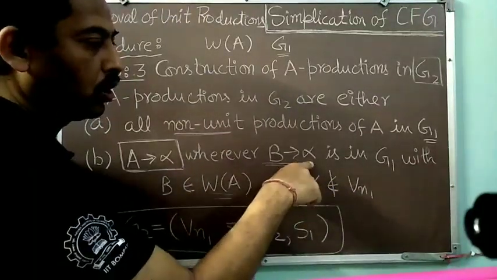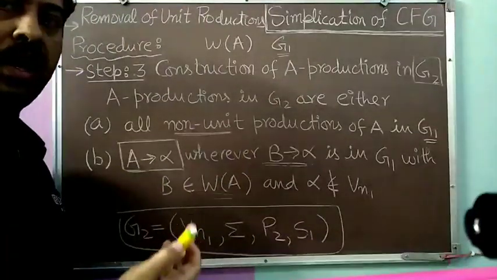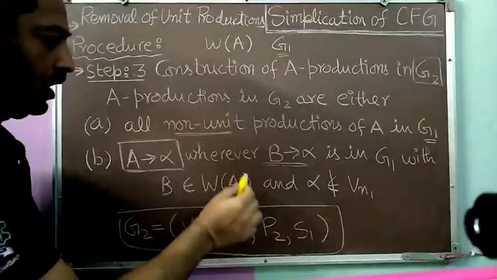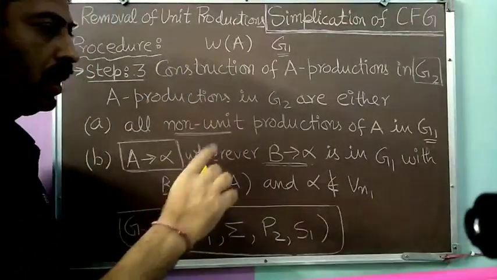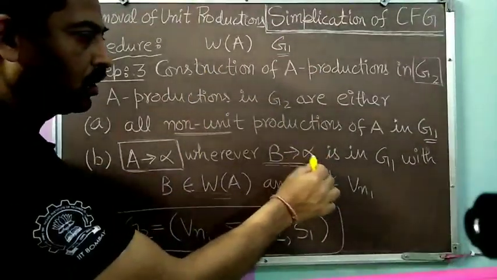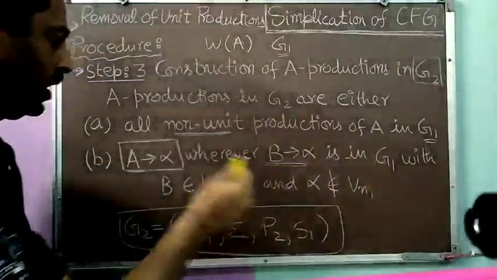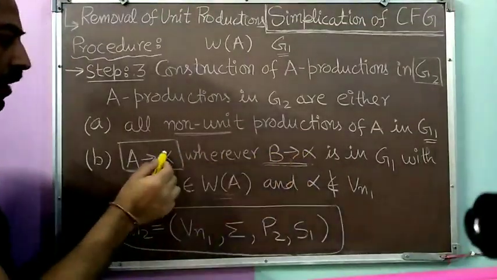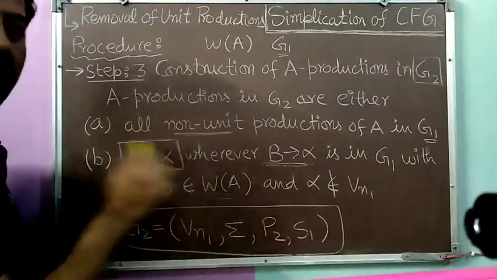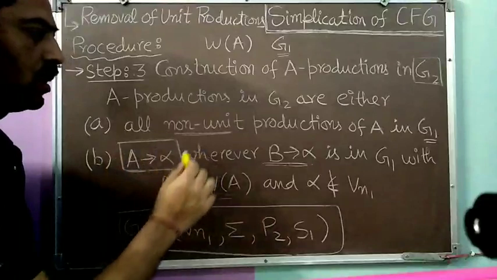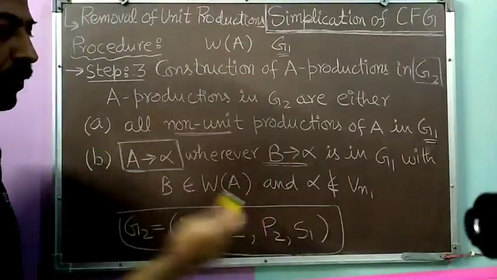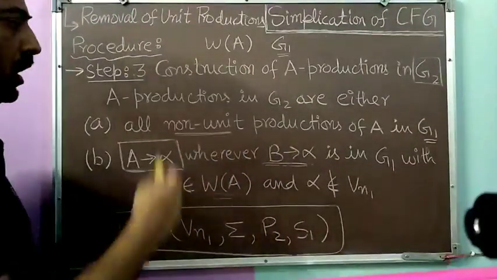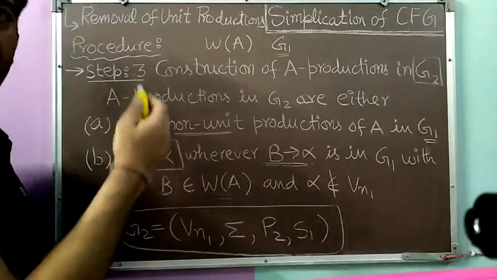So I will take the non-unit productions of all the variables present in W(A), take their right hand side and put it after A. In this manner I will form some more A productions which will be part of P2, our final grammar. This we do for each variable A in the grammar.